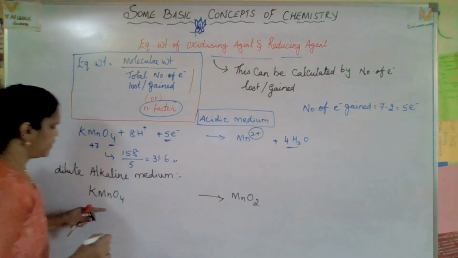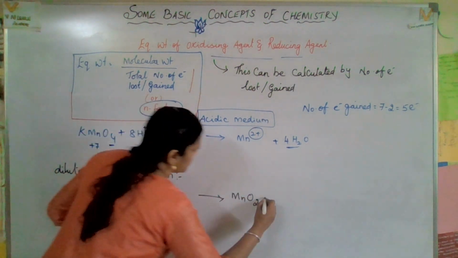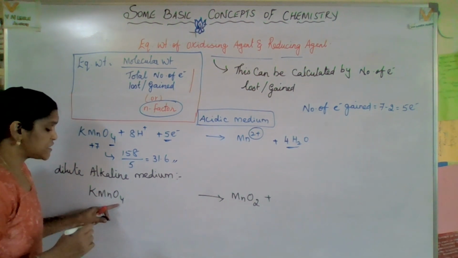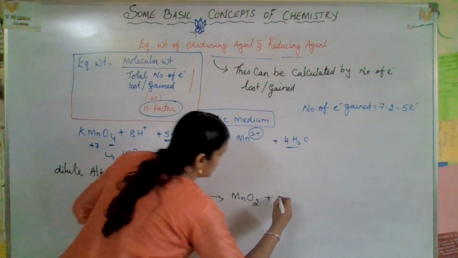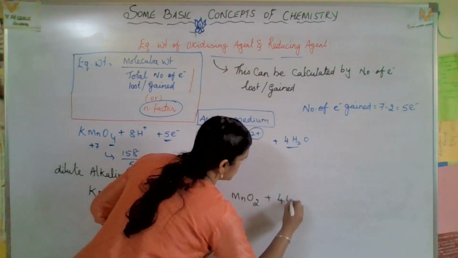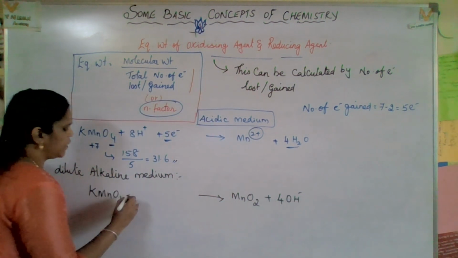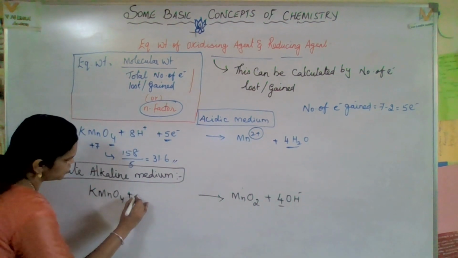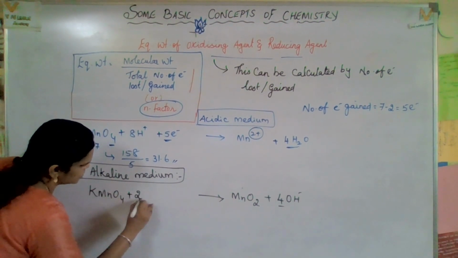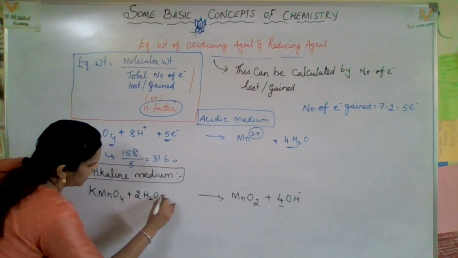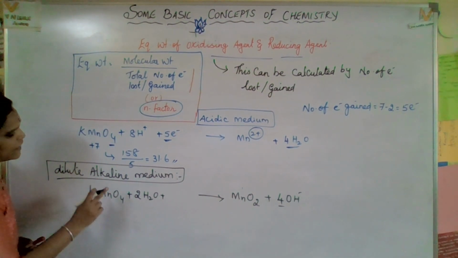Then here, how many oxygen atoms are there, that many OH- will be available. Now in this, water molecules are available, so that means 2H2O.